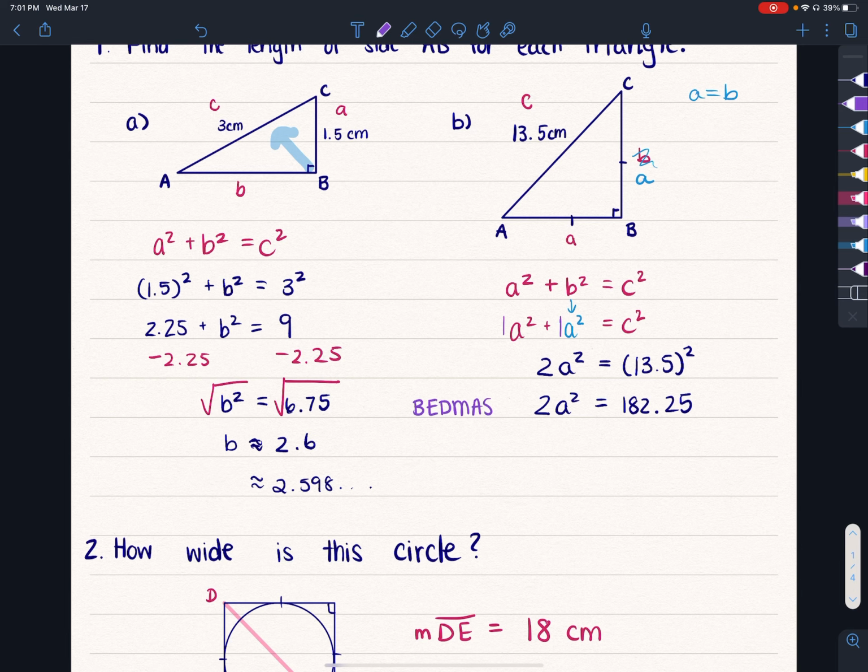So BEDMAS is when you're going forwards, when you know all of the numbers in your operation. If I had this number a, I would start by squaring it because exponents come first, and then I would multiply that result by 2 because multiplication comes after exponents.